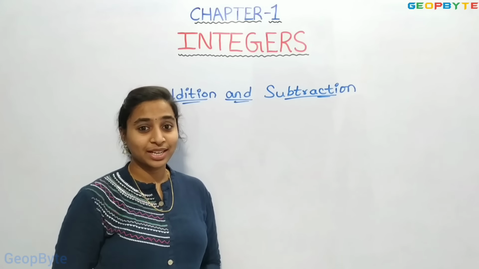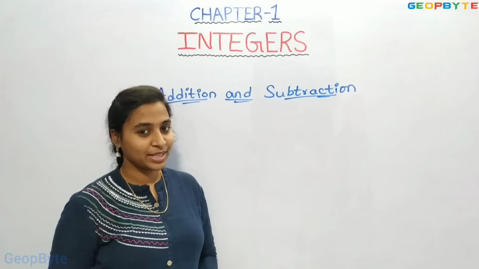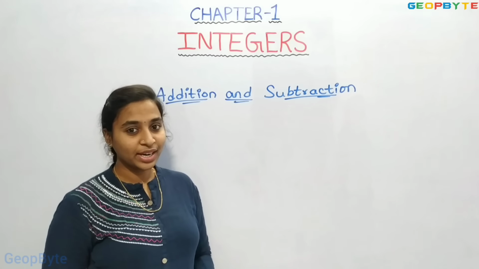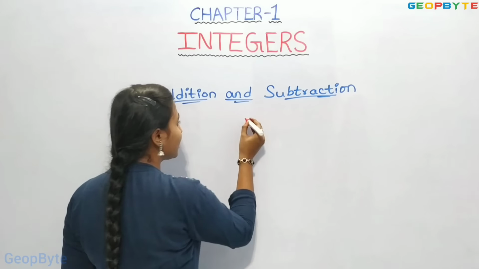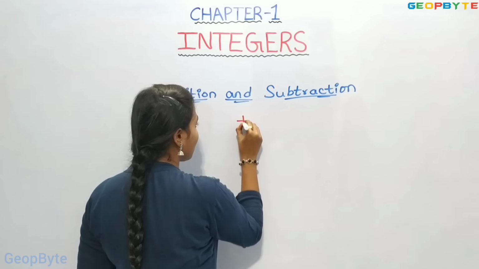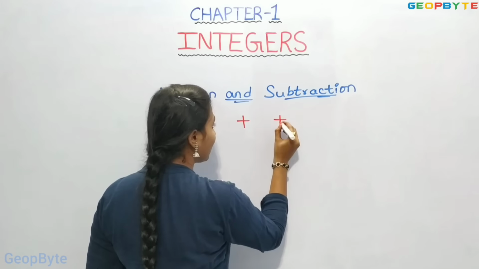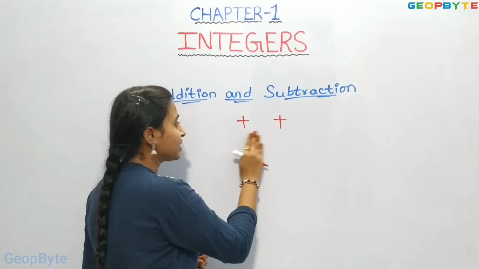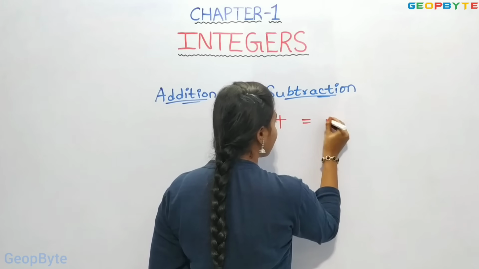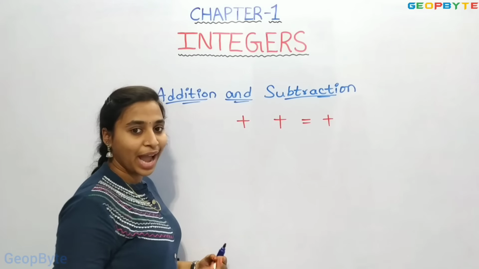Many will do mistakes in considering these basic rules. Now, we will learn them clearly. First, let us consider a plus symbol and a plus symbol. What will be the result? Plus plus becomes plus. That is, we need to add.